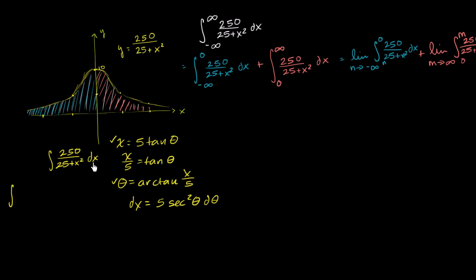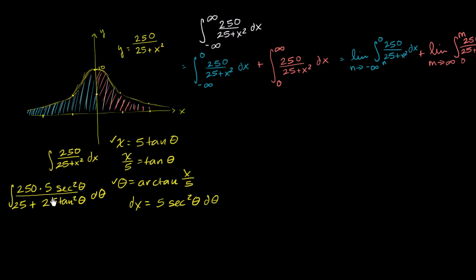Well, 250 dx is 250 times 5 secant squared theta d theta, all of that over 25 plus x squared. Well, x squared is going to be 25 tangent squared of theta.